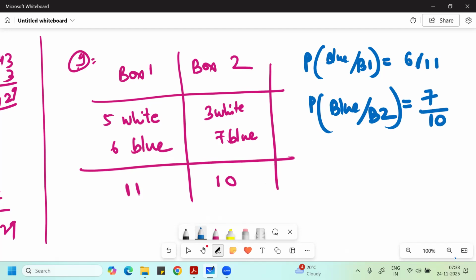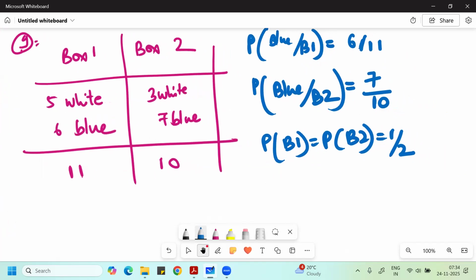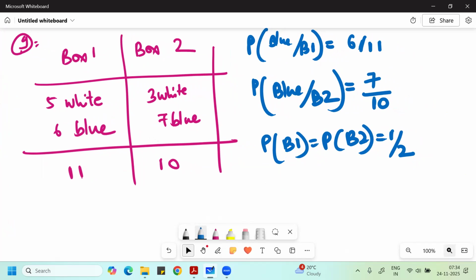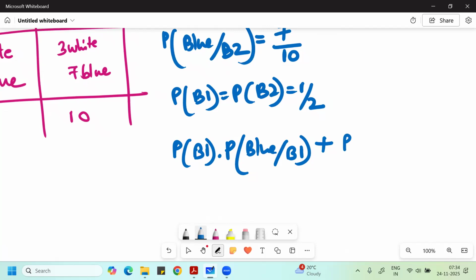And the probability of selecting box 1 or box 2 is 1 by 2, since one of the boxes is selected at random. And what is the probability that it is blue in color? If you select box 1, the probability that it is blue, plus if you select box 2, the probability that you will get a blue color.